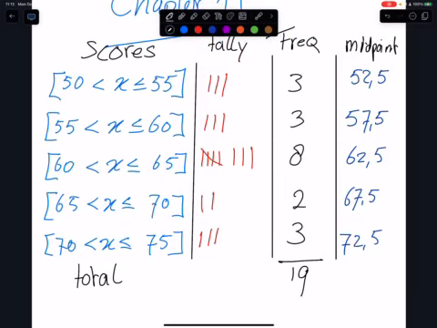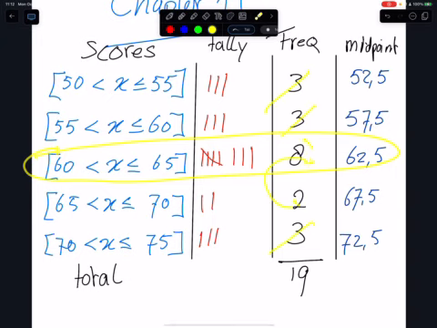Only by looking at this table, I can already know where the median is. The median lies here. How do I know? It's always the middlemost. 3, 3, 8, and then I'm probably in this section. So just looking at the table, I can write, all right, the median is somewhere between 60 and 65.